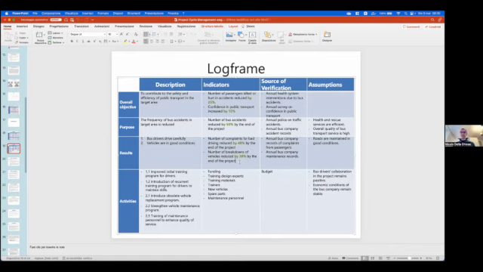So again, this is a number that the project designers state as satisfying, so that they consider that the result is met.